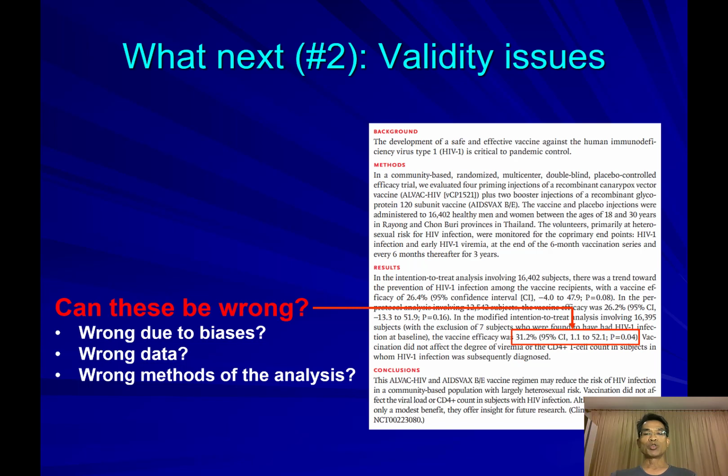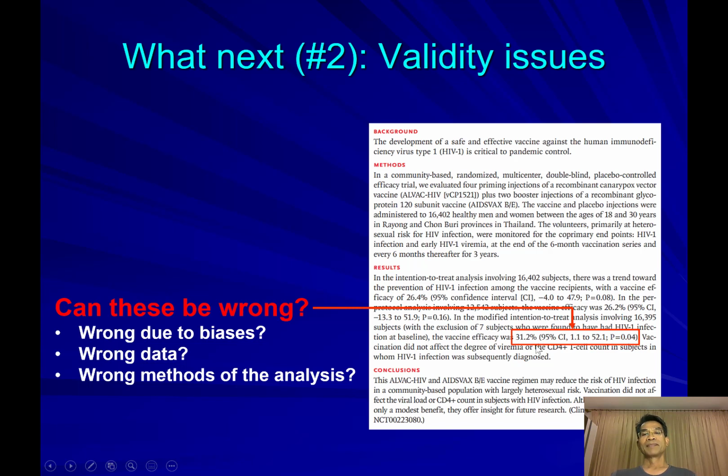The second issue is about validity of the study. So after you agree with the conclusions based on this evidence, the next issue would be, can this be wrong? It could be wrong by the biases, which I taught in the previous episodes, about selection bias.